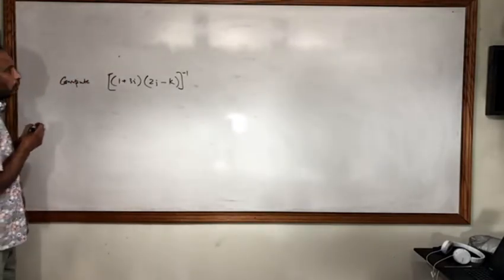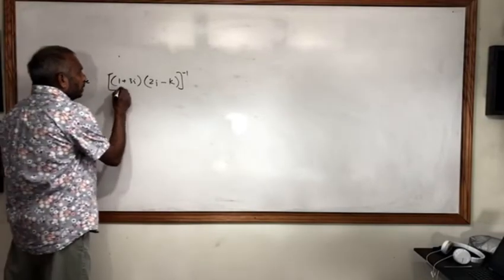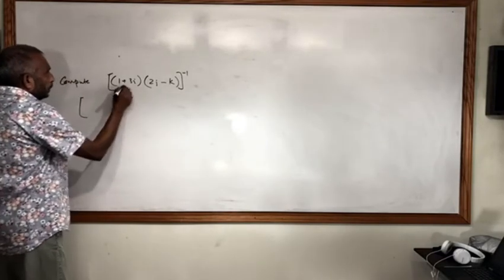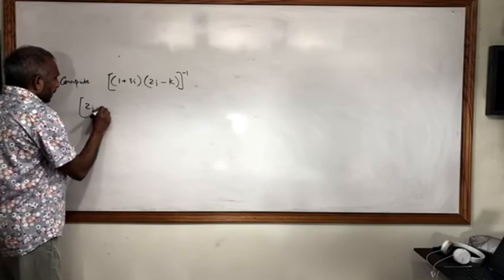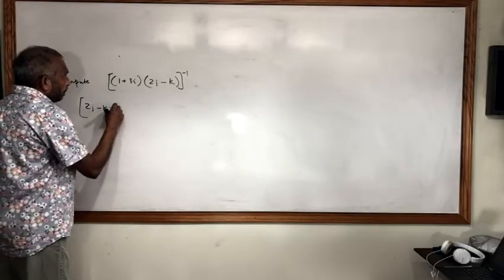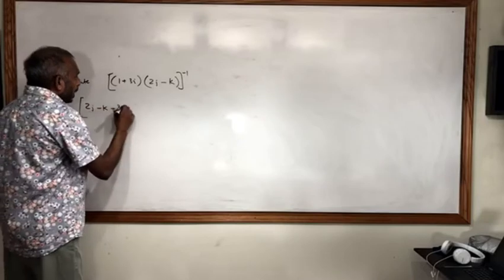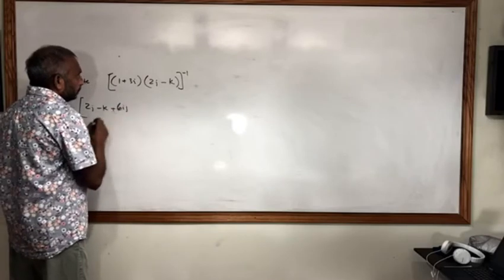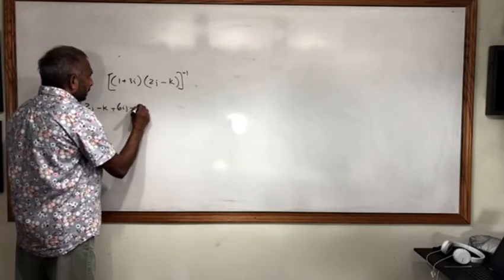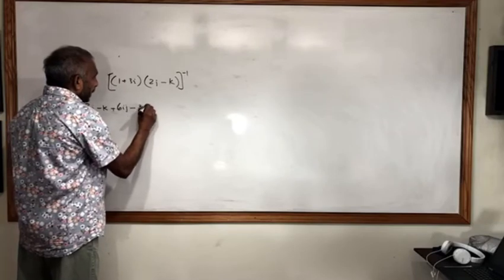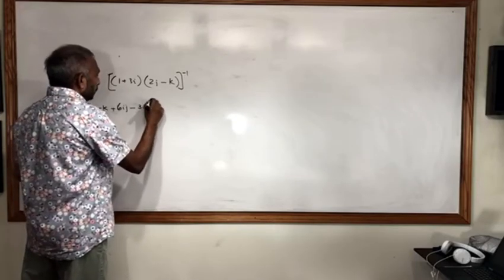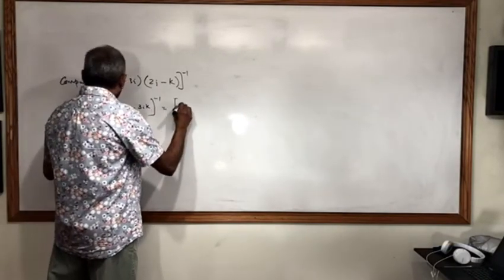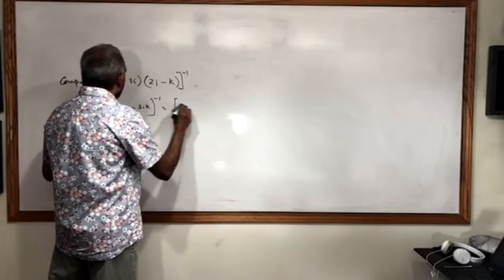First we expand this one, and that is going to be (2j minus k plus 6ij minus 3ik) inverse, and that is equal to (2j minus k.